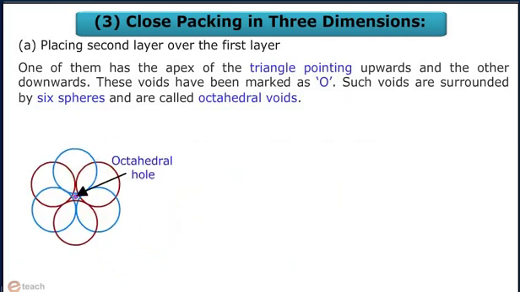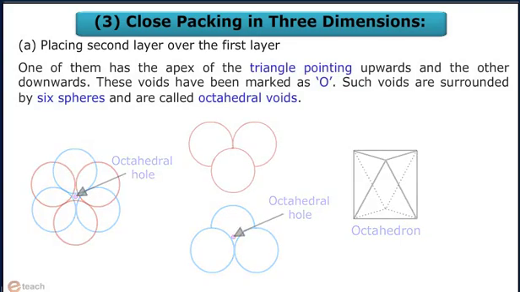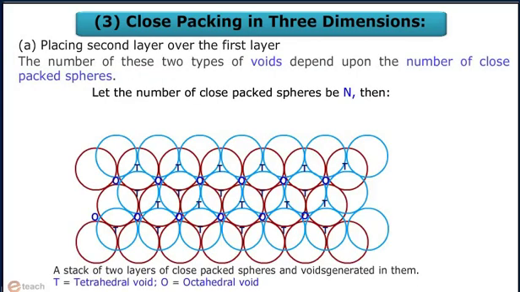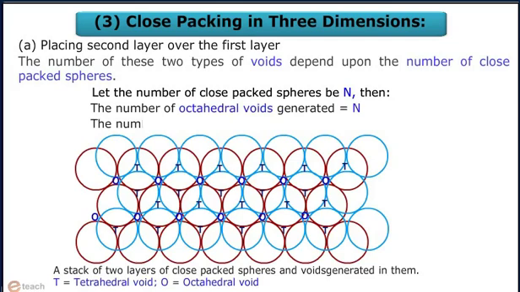The number of these two types of voids depends on the number of close-packed spheres. Let the number of close-packed spheres be n. Then the number of octahedral voids generated is equal to n, and the number of tetrahedral voids generated is equal to 2n.